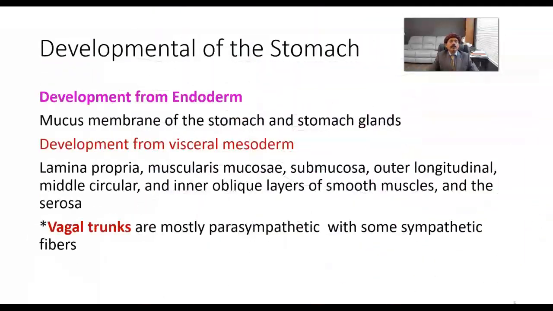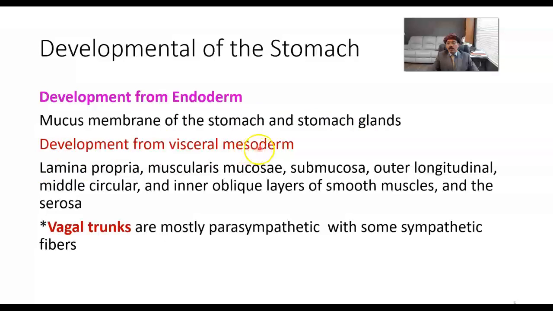So what are the structures that contribute to the formation of the stomach? Development from endoderm. Endoderm is one of the germ layers, the inner germ layer. We have three germ layers: ectoderm, endoderm, mesoderm. The stomach mucous membrane and stomach glands are derived from the endoderm. Stomach gland cells like parietal cell, zymogenic cell, pepsin cell, mucous neck cell, and enteroendocrine cell all come from the endoderm.